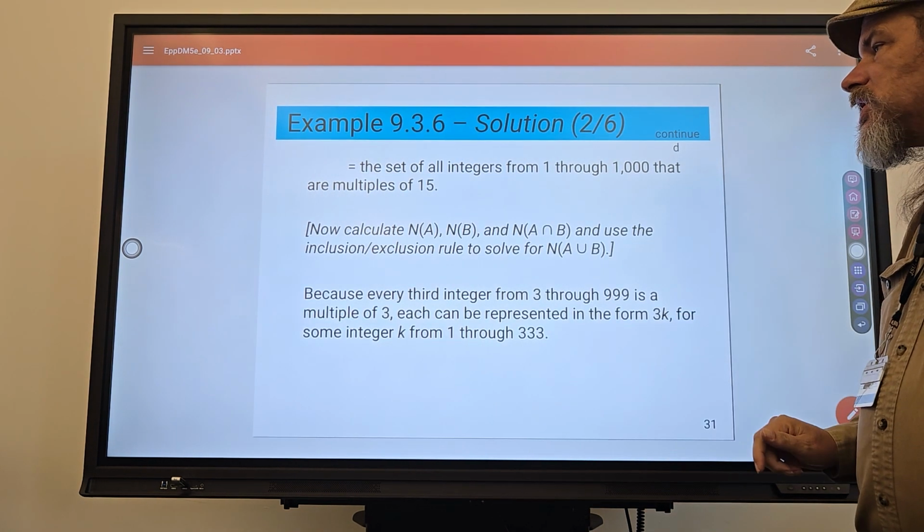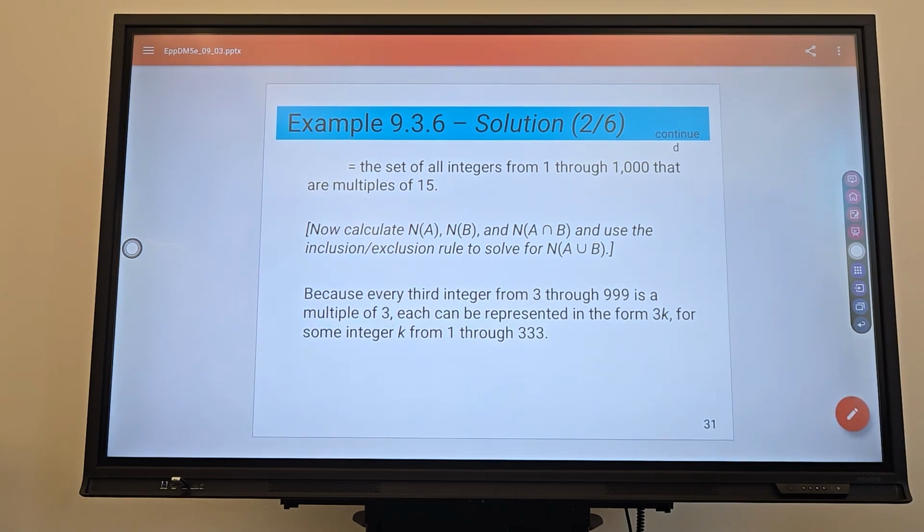Which then would equal the set of all integers from 1 through 1,000 that are multiples of 15. Because every third integer from 3 through 999 is a multiple of 3, each can be represented in the form 3k for some integer k from 1 through 333.